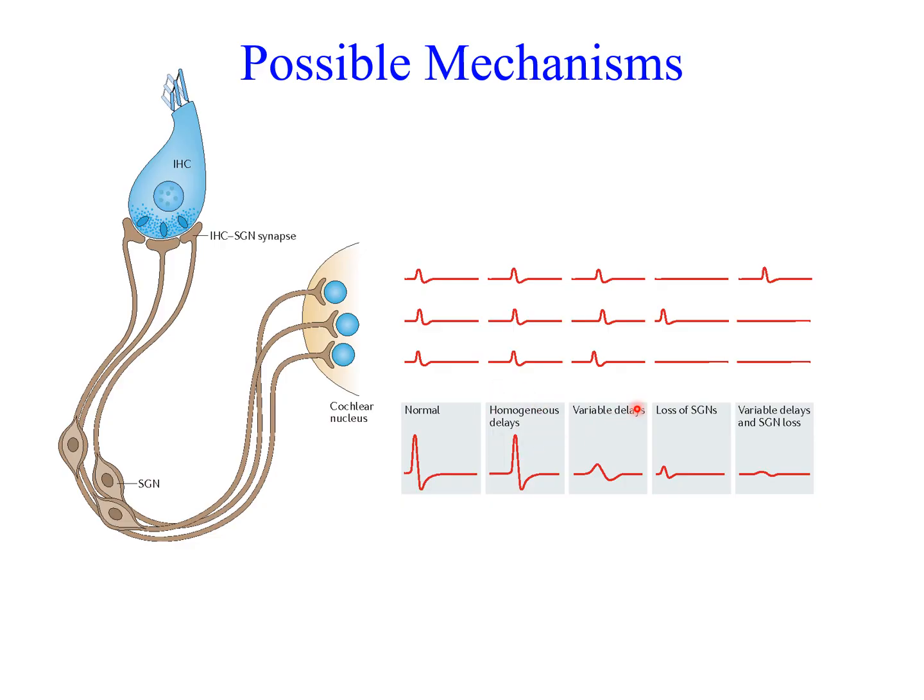The main problem is when the delays are variable. When the delay is different among neurons, that will create a big problem. As shown in this case, the three neurons here have different amounts of delays. As a result, the three action potentials are not aligned perfectly.